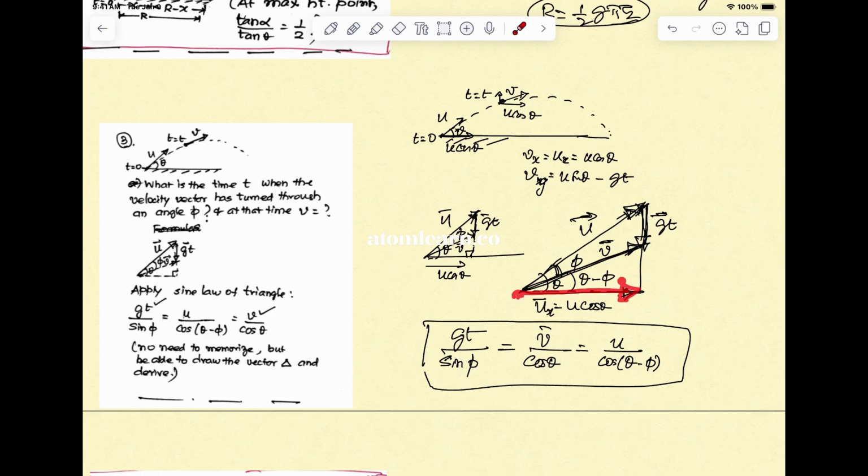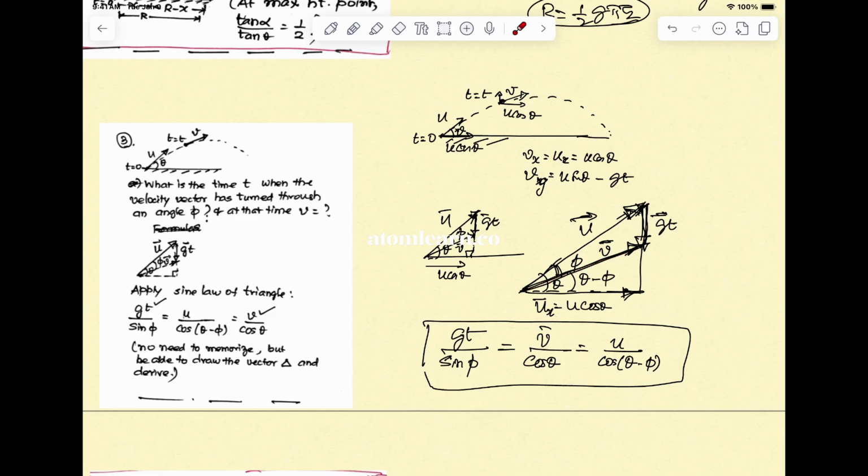So u cos theta, the horizontal component, divided by cos of theta minus phi gives you the hypotenuse, which is equal to the new velocity vector. That is the relation here.